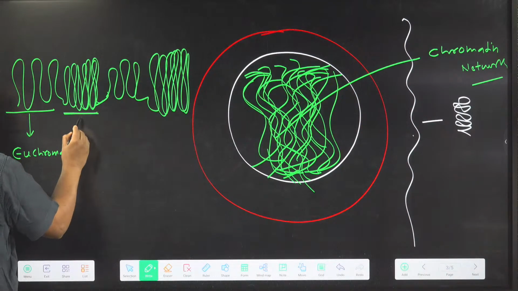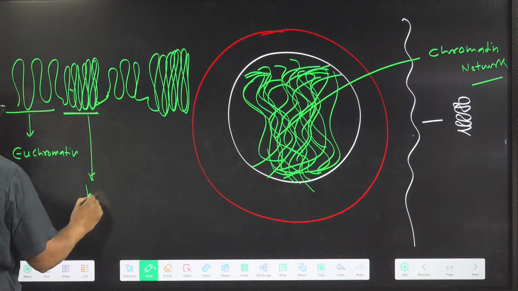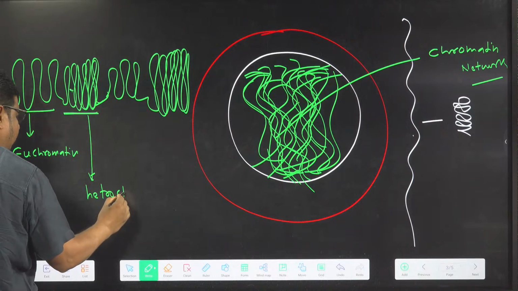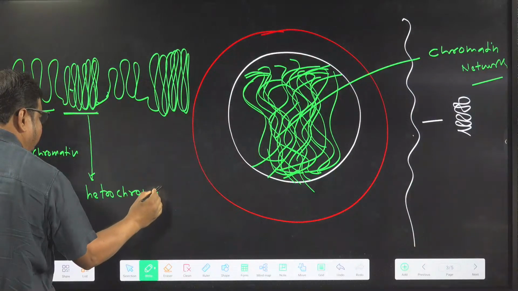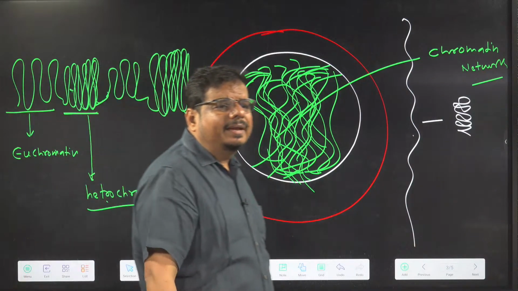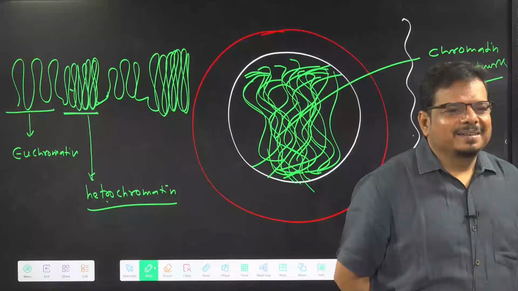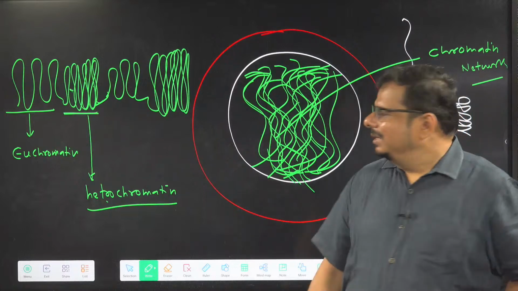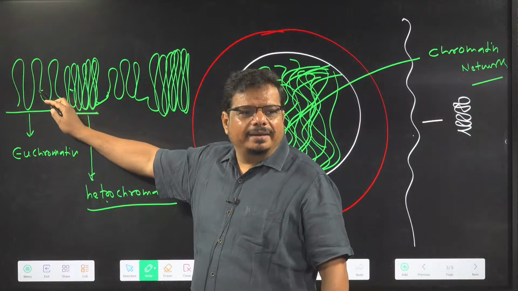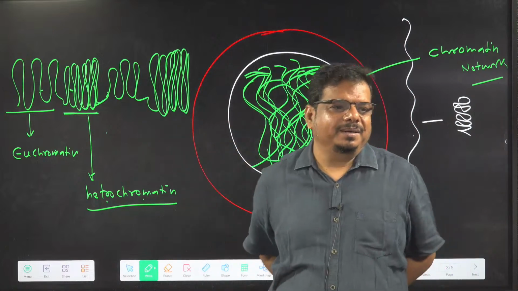And this densely packed, tightly coiled region is called which one? Heterochromatin. I just want to give a picture in your mind. Later on when we teach, we will discuss many differences between euchromatin and heterochromatin. Understanding the idea or not? The loosely arranged chromatin is called euchromatin. The densely arranged one is called heterochromatin.